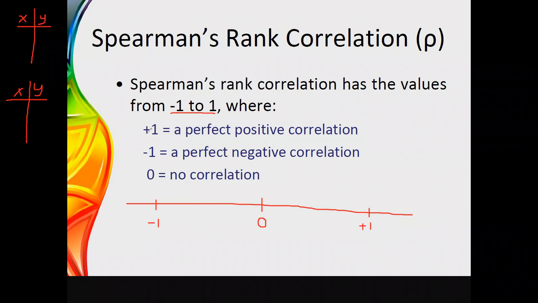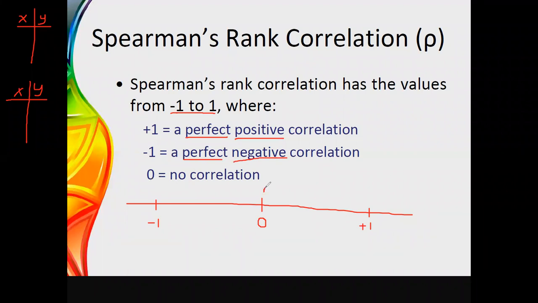Therefore, we can simply say +1 denotes the perfect positive relationship, -1 denotes the perfect negative relationship. Only the positive and the negative sign defines whether it is a positive or negative relationship. The value 1 says that it is a perfect relationship. And if you get the value 0, then we can say that there is no relationship among the considered variables.